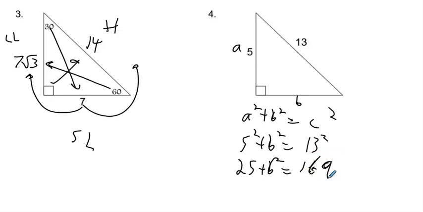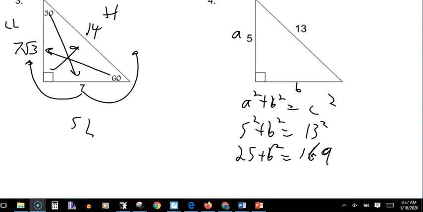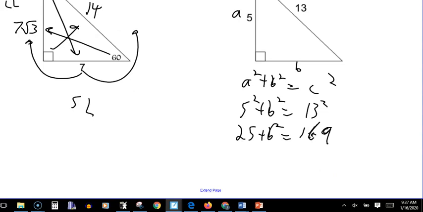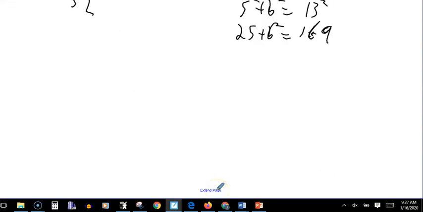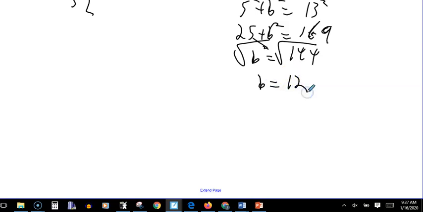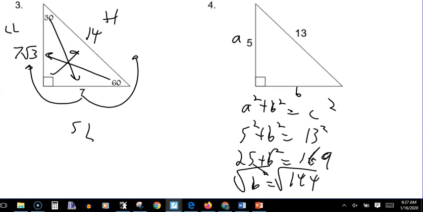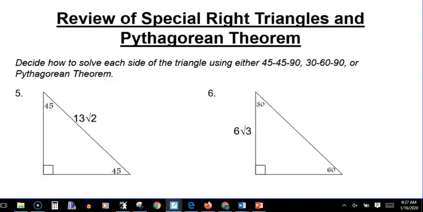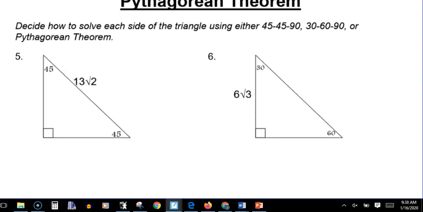So 169 minus 25 is 144. So b squared equals 144. Square root both sides. b equals 12. So this length right here is 12. Okay?